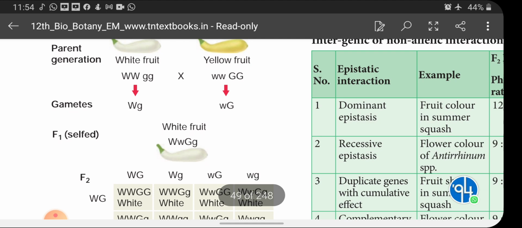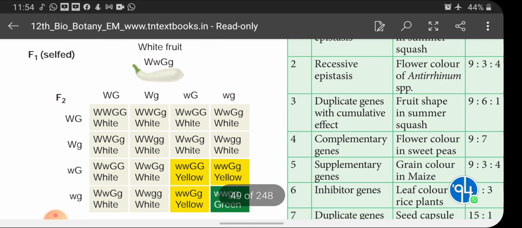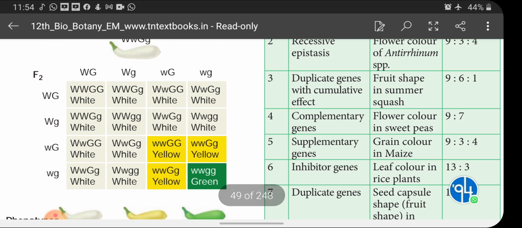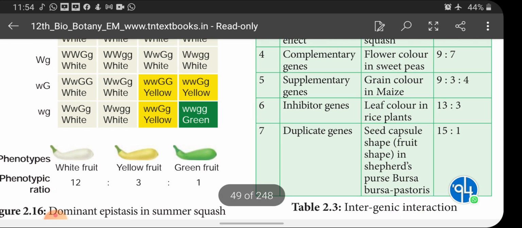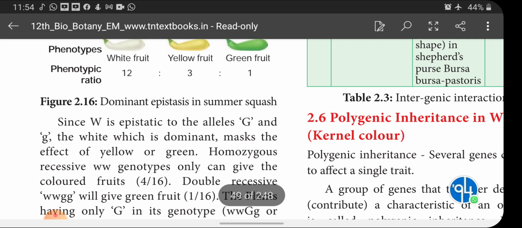That's what is given here in the checkerboard, children. So 12 white color, 3 yellow color, 1 green color will be the ratio. Since capital W is epistatic to the alleles capital G and small g, the white, which is dominant, masks the effect of yellow or green.